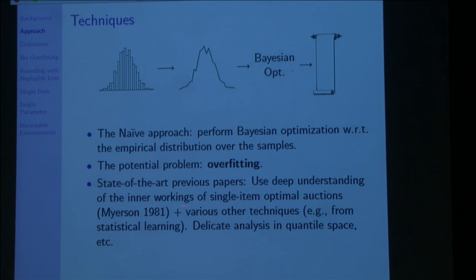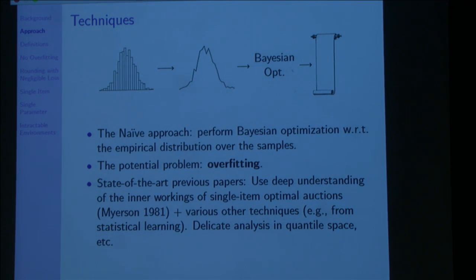So they use a very deep understanding of that and tweak it very gently here and there, and then use various other techniques from statistical learning, pseudo-dimension, stuff like that. And it's delicate analysis. Some of it is performed in quantile space, which probably doesn't mean much to people in this room, but as far as auction analysis and AGT goes, it's not the simple tools. Let's say that.